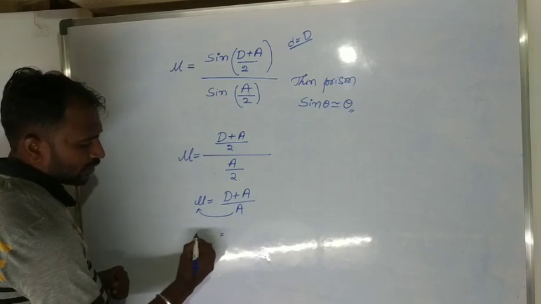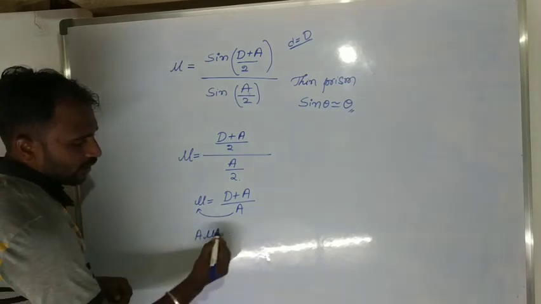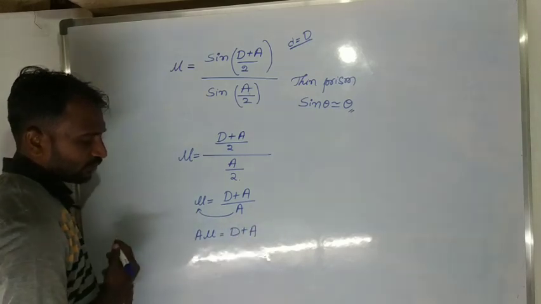So, cross multiplication: angle of prism into refractive index is equal to angle of deviation plus angle of the prism.